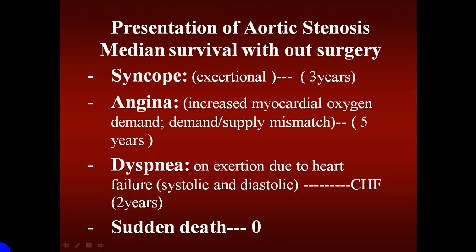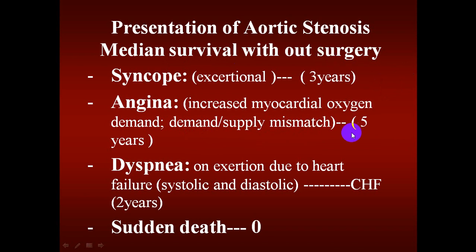Presentation of aortic stenosis. With a figure here is the median survival. If syncope or exertional syncope, median survival is about 3 years. Angina is the best, really. Increased myocardial oxygen demand, also a mismatch between demand and supply, so it presents with angina.